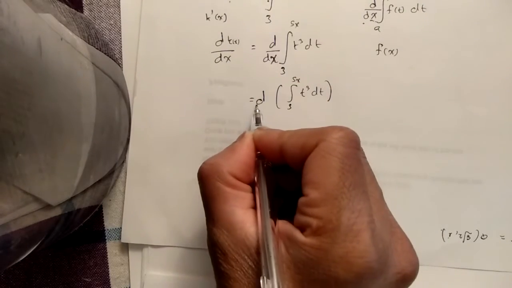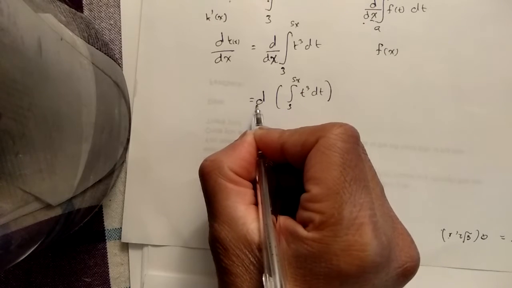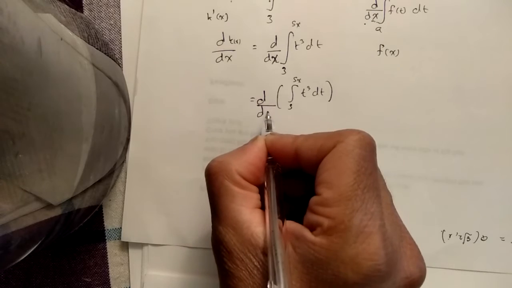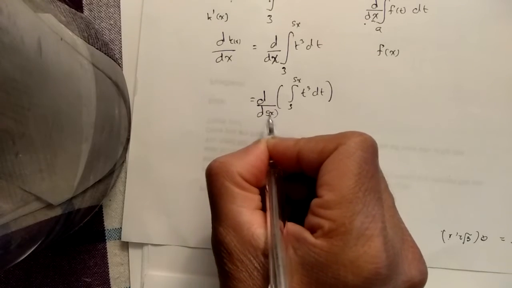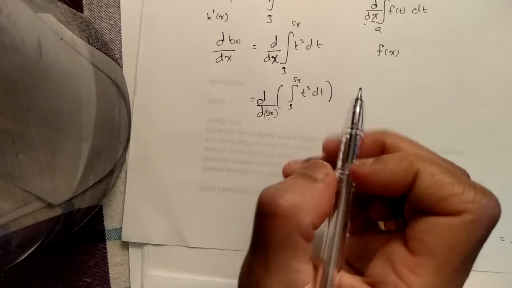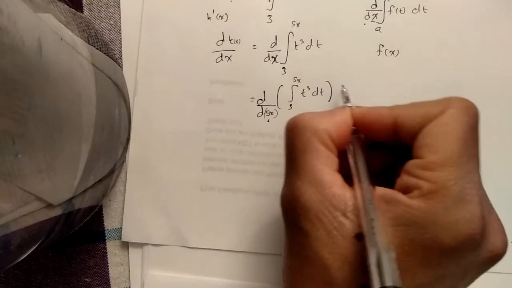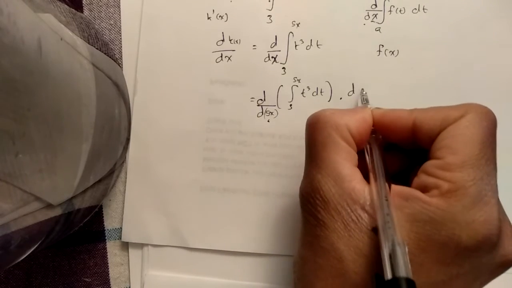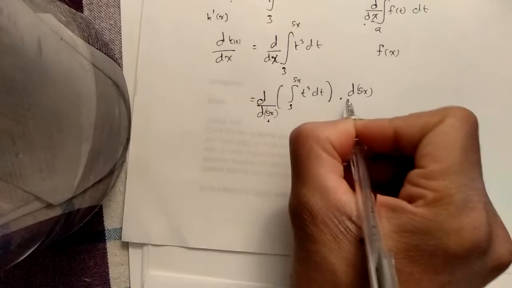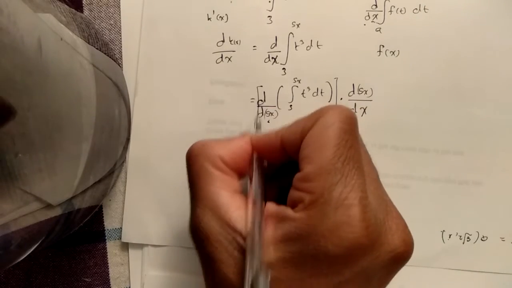and here the original problem was this one, and to apply the fundamental theorem we should have d(5x) term in the differentiating notation, right? So from the chain rule, if we have this one, to counterbalance it we must have this. Now this comes from the chain rule, right?